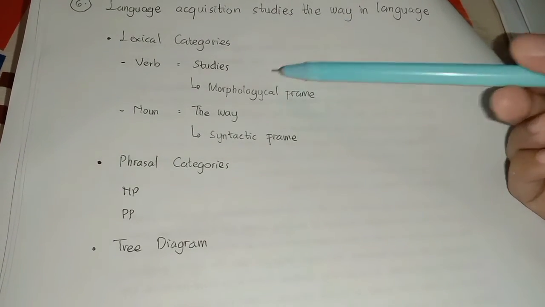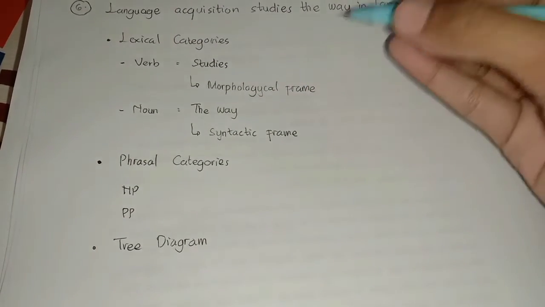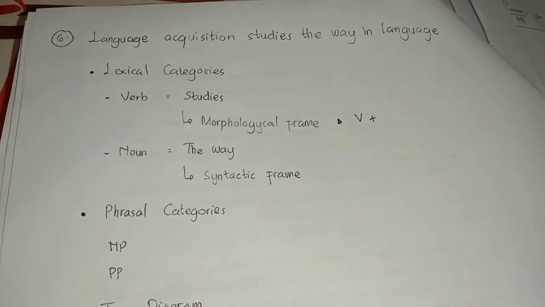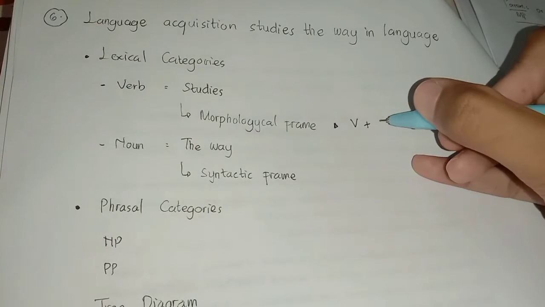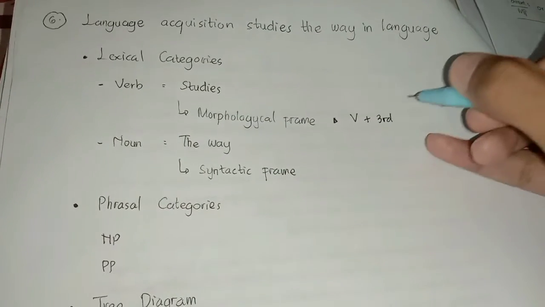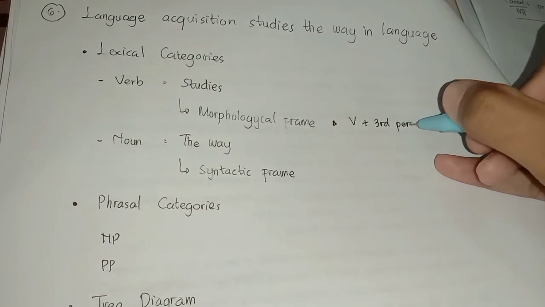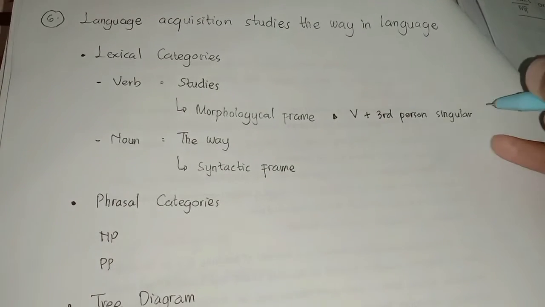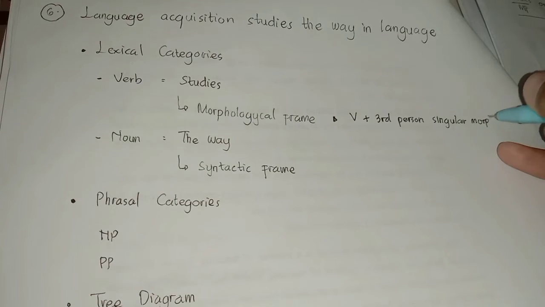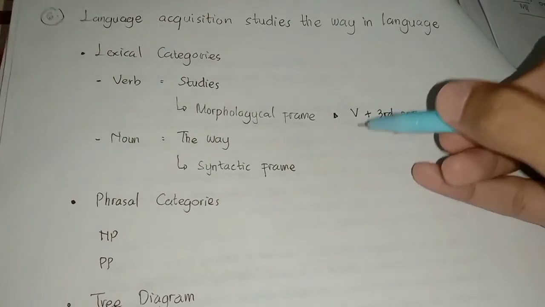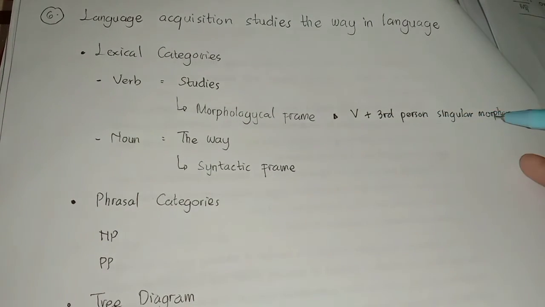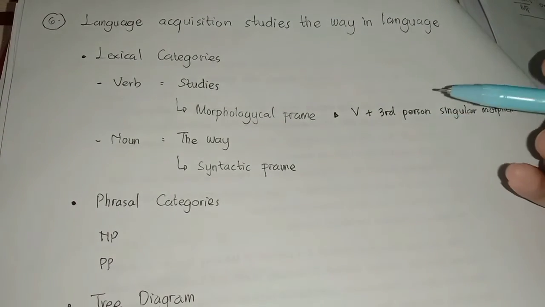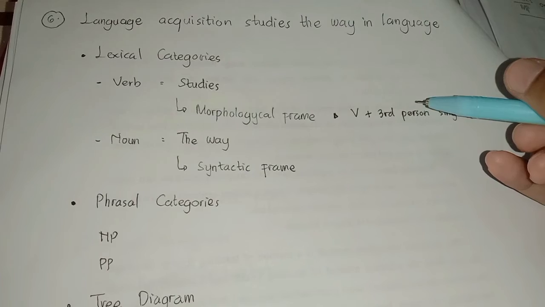Studies, it included two morphological frame because it's formed by verb plus third person singular morpheme. Verb is study, third person singular morpheme is s. So it becomes studies. So that in this equation, studies is a verb.